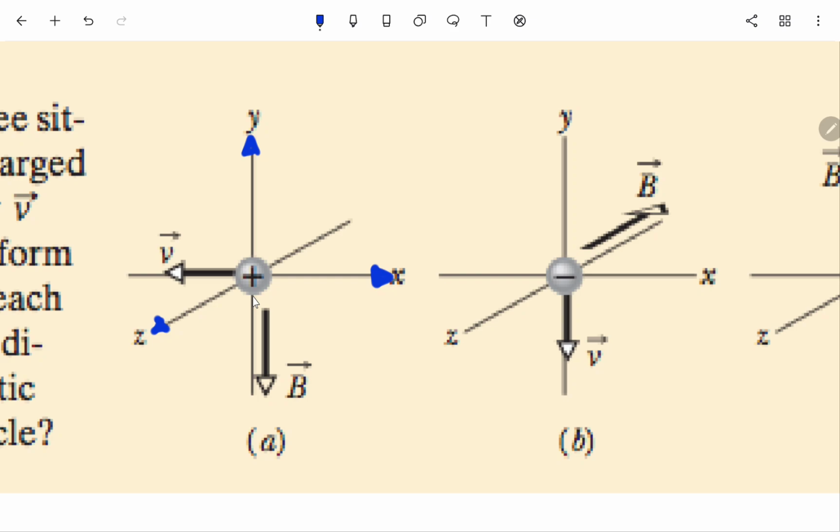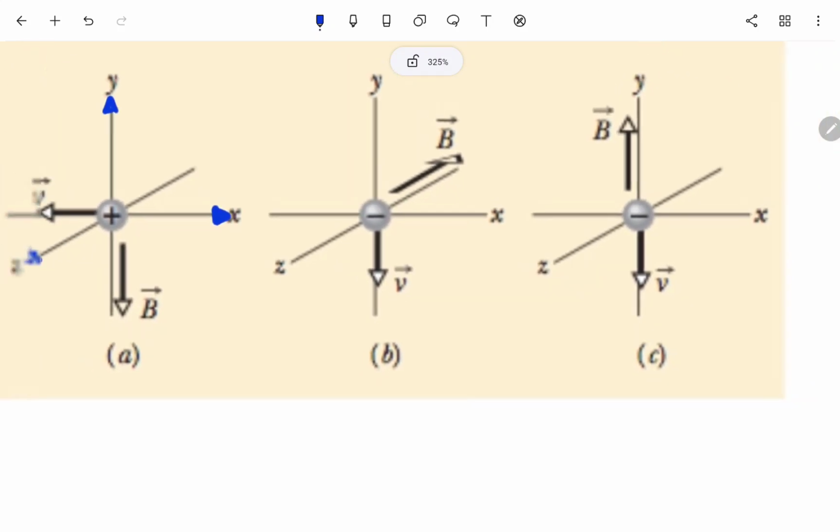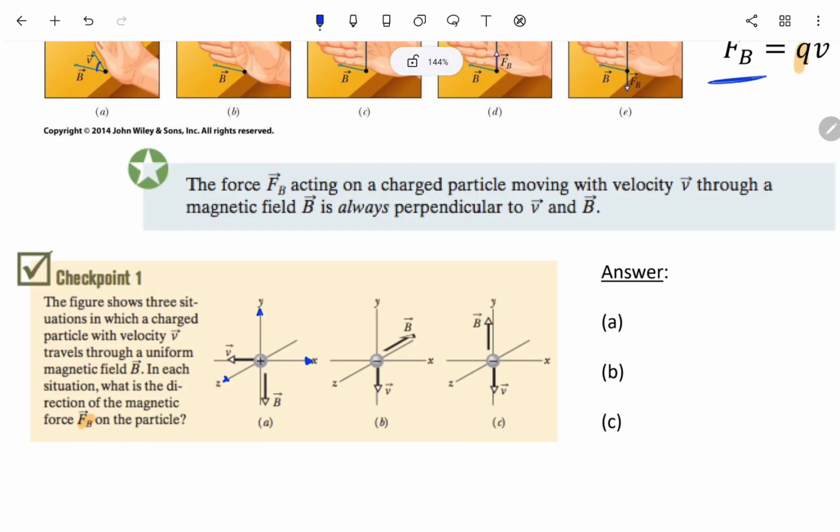First we use our forefinger pointing to the left side and then cross it to the downward. Our thumb is pointing out of the page, and since it is a positive charge, FB is pointing to the positive z-axis. That will be the direction of FB.